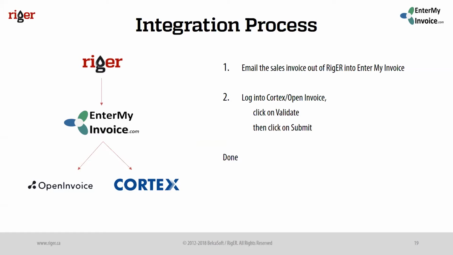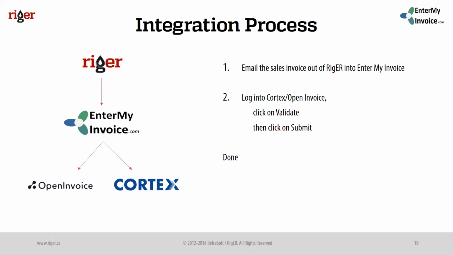It's a relatively easy process, and we'll show you a video here in a couple of seconds. What a user of our platform does is they email a sales invoice out of RigER into Enter My Invoice. It's in XML, sorry, or PDF is what our system will take.